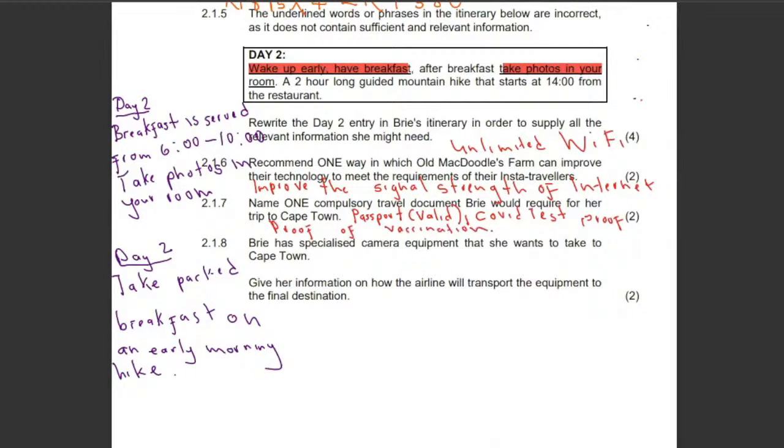Then the next question reads, Bria has specialized camera equipment that she wants to take to Cape Town. Give her information on how the airline would transport the equipment to the final destination.